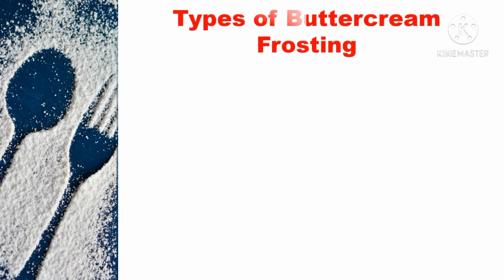Different types of buttercream frostings. Letter A. Simple buttercream. This one is basically a blend of fat, for example butter, and confectioner sugar, otherwise known as powdered sugar. Optional ingredients include eggs.